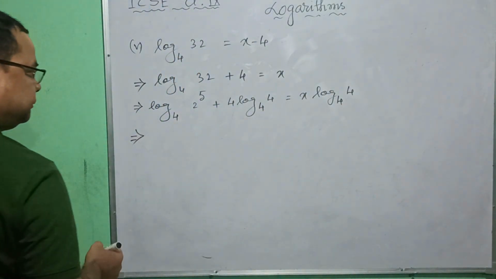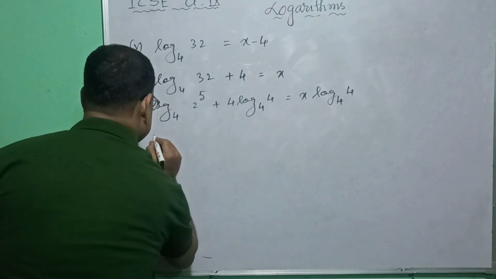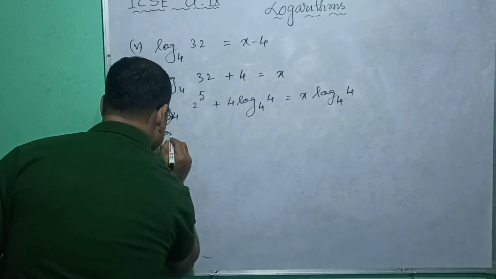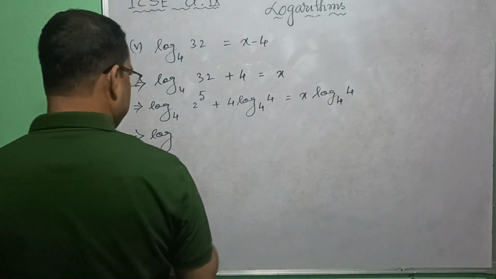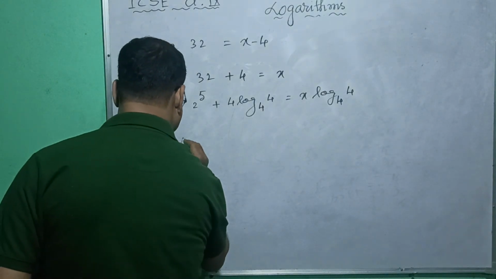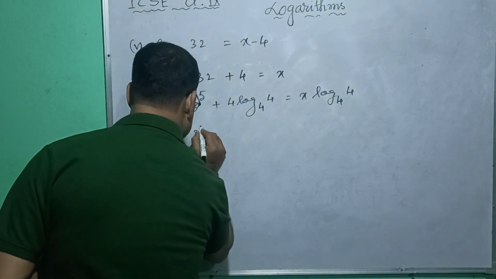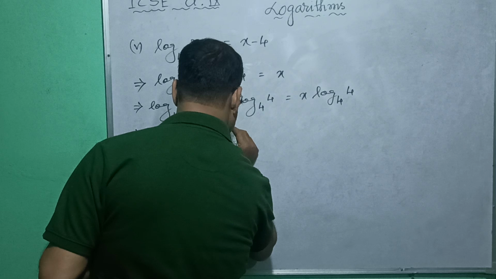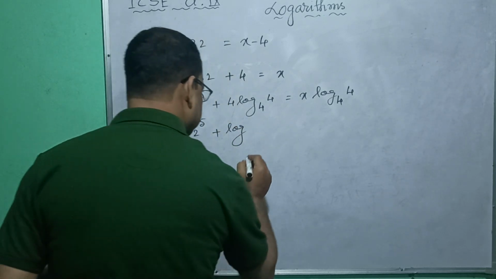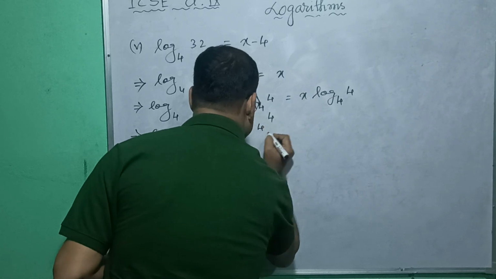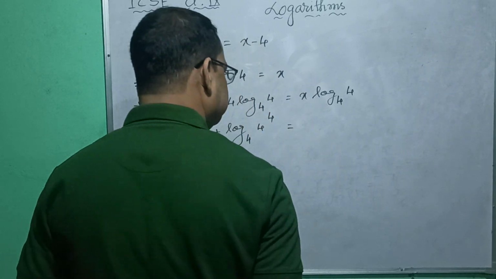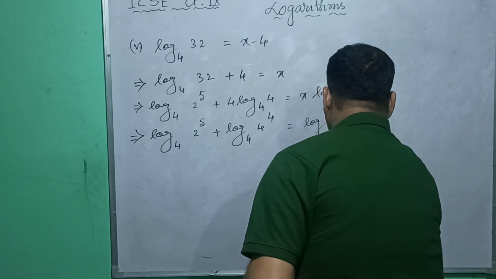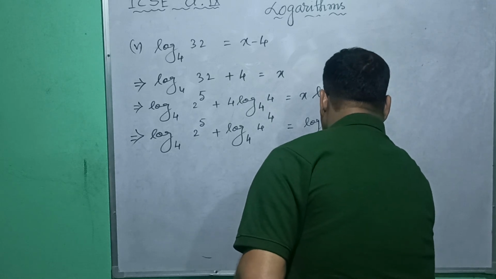This implies, now as the power is 5, we can write log 2 to the power 5 plus log 4 to the power 4 at base 4 equal to, here it will be in the power, so we can write log 4 to the power x at base 4.